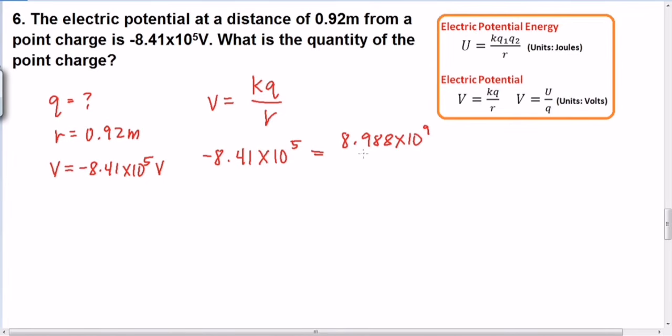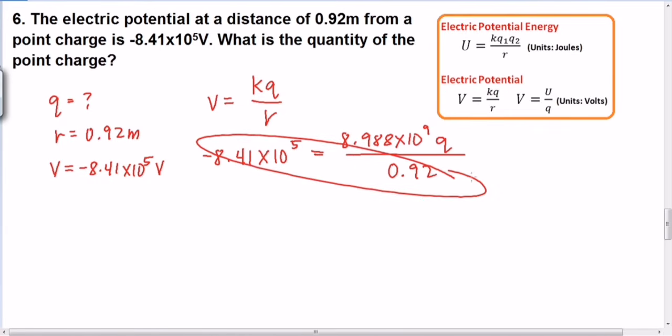Parang 8.988 times 10 raised to 9 times Q would be 8.988 times 10 raised to 9Q. Mapupunta dyan si Q. And then yung R, 0.92. May denominator kayo dito, so cross-multiply to.